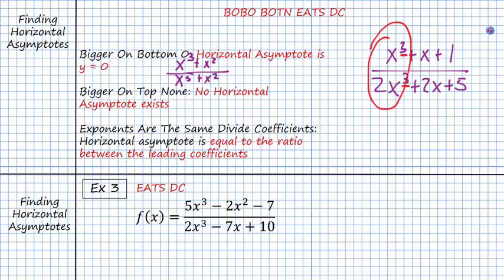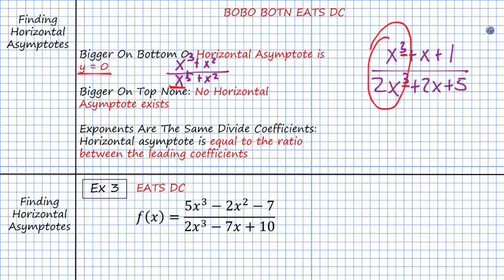So I'm looking at the very first term in each one. So I have x to the third, and I have x to the fifth power. And if it's a larger exponent here, then we're going to say that the horizontal asymptote is y equals 0. So if you have a condition like this where your exponent is larger in the denominator, then your horizontal asymptote will be y equals 0.